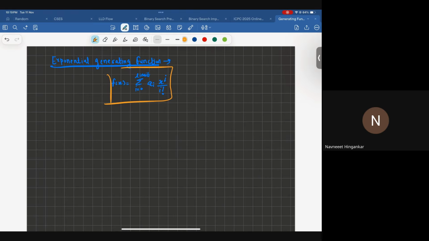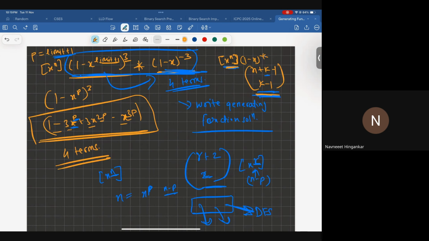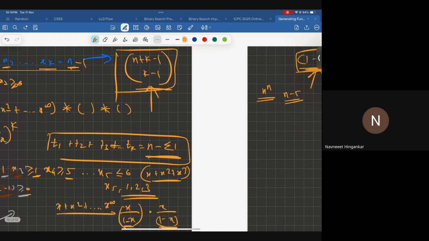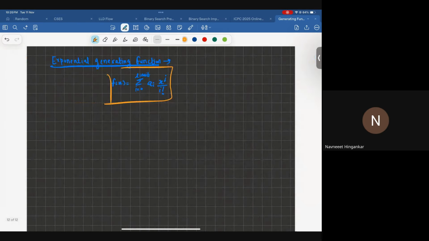So this OGF was related to combinations, where I could select two objects, three objects, but it doesn't consider, let's say, how many permutations there are. So 1, 2, 2, 2, 2, 1, something like this.